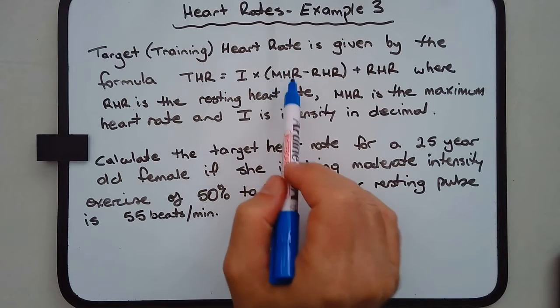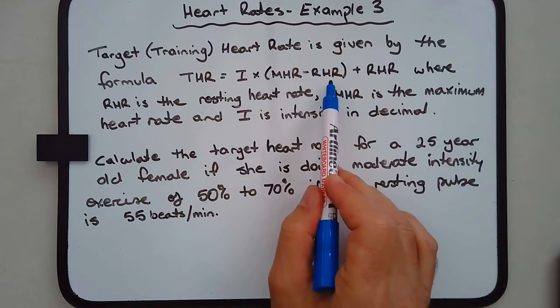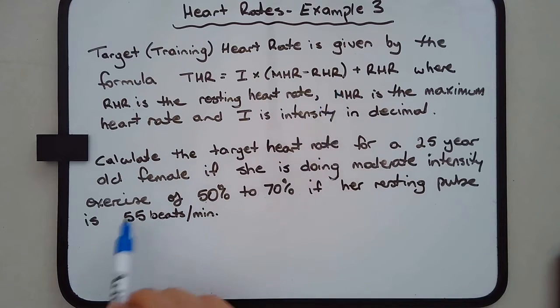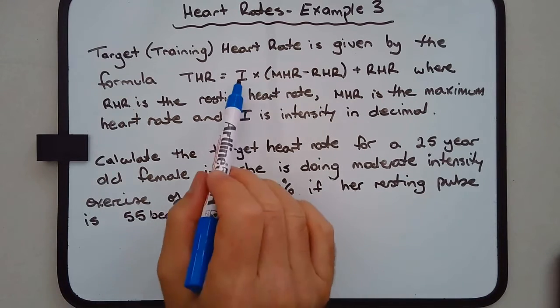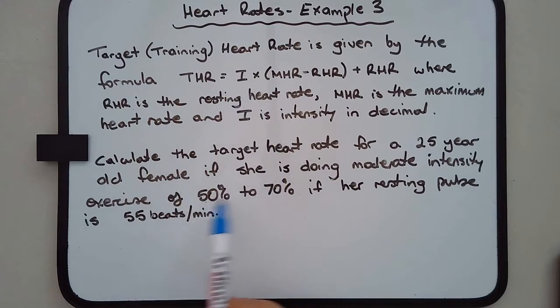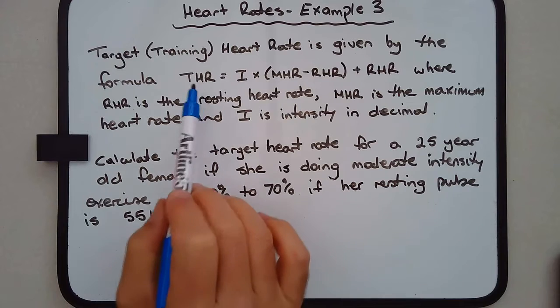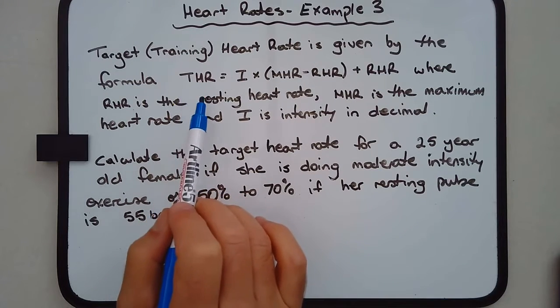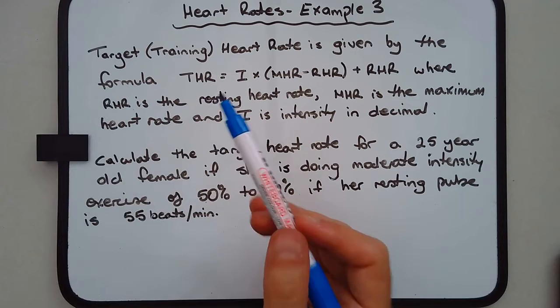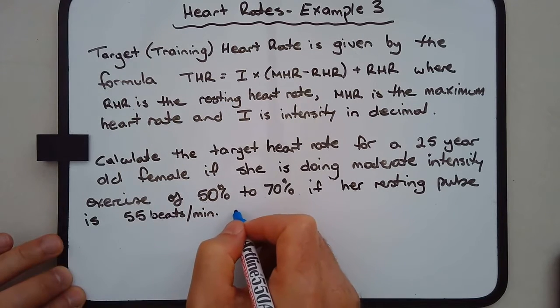The resting heart rate is given in the question, which is 55 beats per minute. The intensity is given as two values, from 50% to 70%, so we need to work out two THRs, a lower value and a higher value. So let's work out the MHR first.